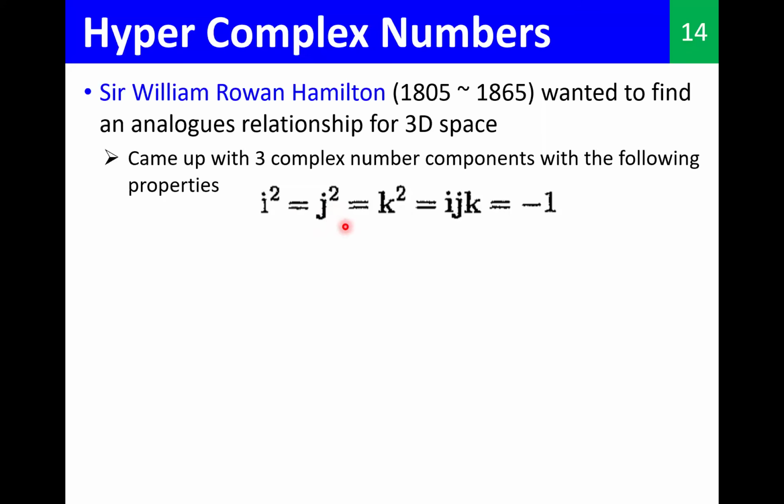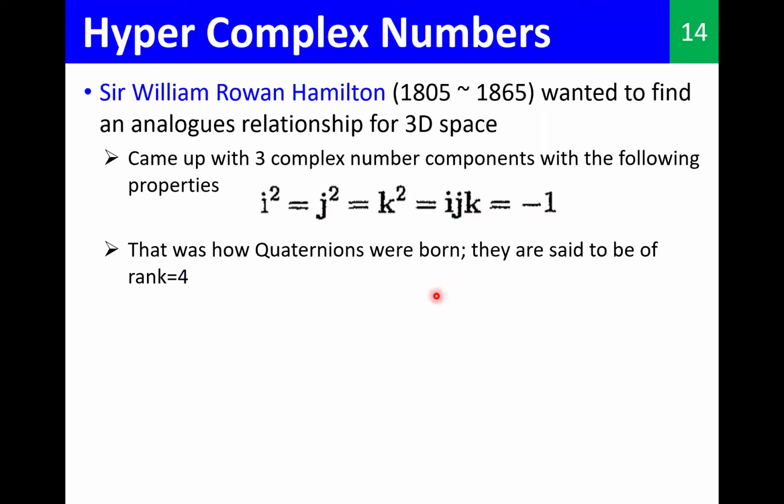So these are again complex numbers in different dimensions, right? And if you think about the ijk product, it would also give you a -1, right? So this is how quaternions were born, and they have rank 4, or they have 4 elements, right?